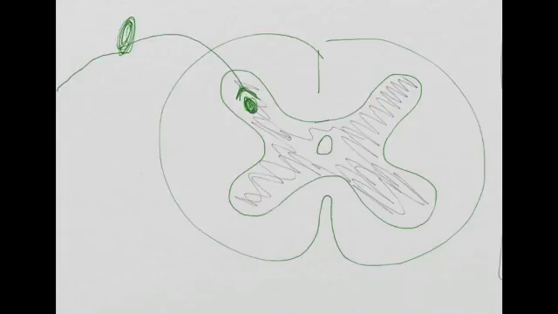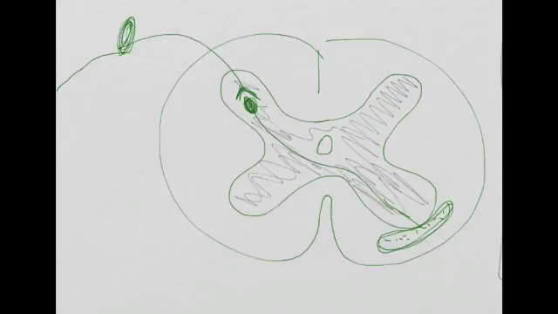That second order neuron or interneuron will cross over contralaterally and reach an area in the ventrolateral funiculus, forming the spinothalamic tract.